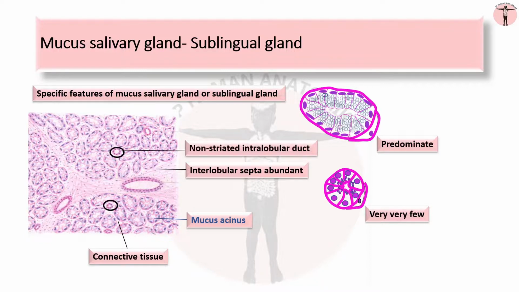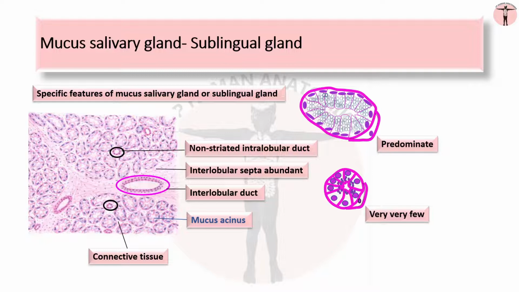The non-striated intralobular excretory ducts are numerous and equivalent to the striated ducts of the submandibular and parotid glands, but lack extensive membrane infolding and basal striations. And also, the interlobular excretory ducts are prevalent or more in number.